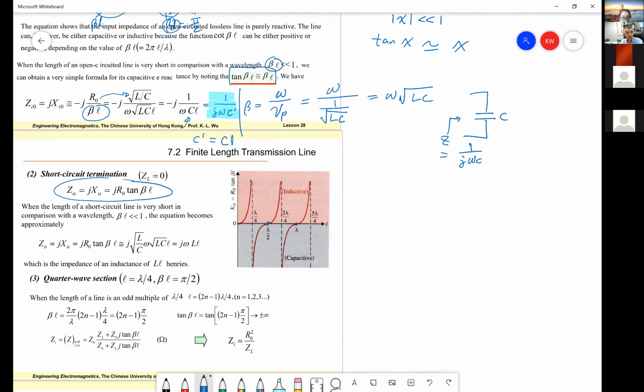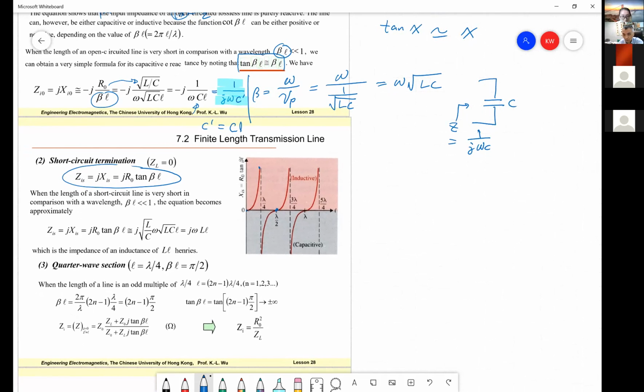This is because of the trigonometry function. It has a period of 2 pi, right? Also, for a very short length short circuit transmission line, this approximation, tan(beta L) equal to beta L, is still valid, right?